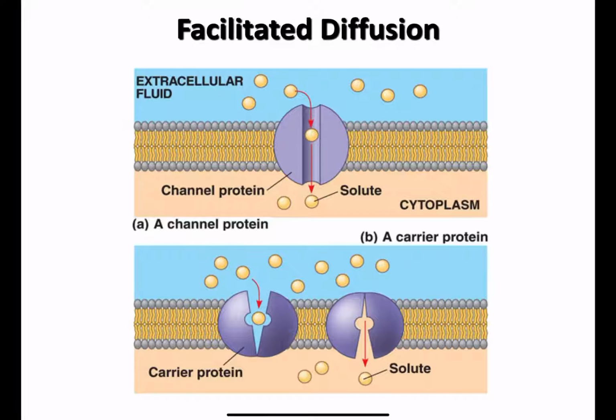So this is just showing you an example of a carrier protein right here, where the molecule binds to it, it changes shape, and it lets that solute pass through. So a nice little visual comparing facilitated diffusion between a channel protein versus a carrier protein. But key thing is that they're still letting molecules go down their concentration gradient from high to low. No ATP is required.